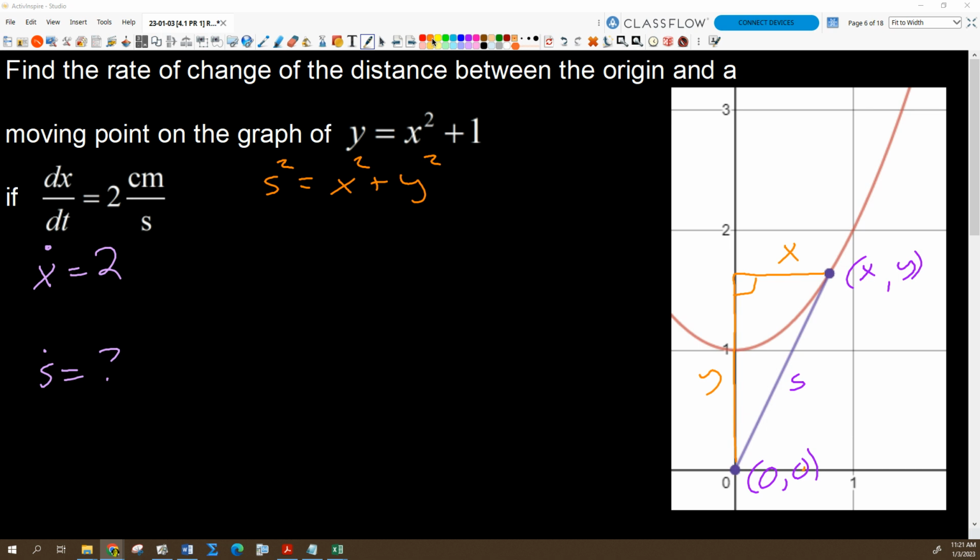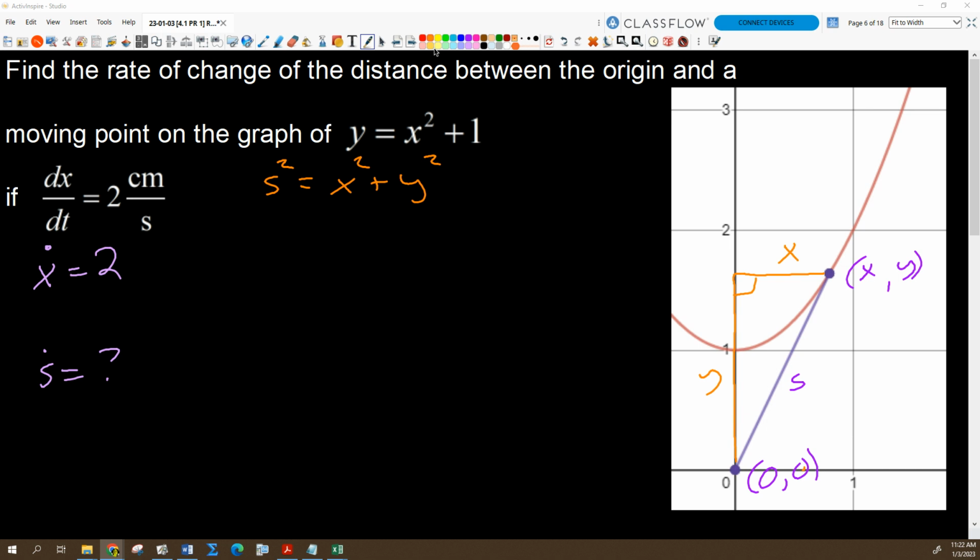Yeah, I'm going to differentiate implicitly with respect to t because I want to get dots. I want to get an x dot and an s dot popping out of this equation so I can solve for s dot, right? Everybody agree? Okay, what's the problem there though? When I differentiate this thing with respect to t, what's the derivative of s squared with respect to t? Yeah, 2s s dot, right?